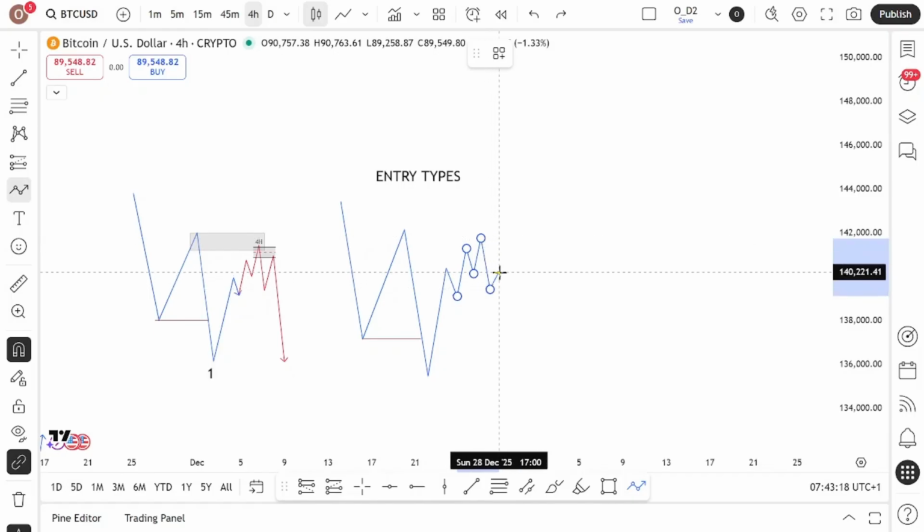Price maybe fails to get you tagged, you have another shift, then price pushes back up. So let's assume this is the 15 minutes. Price pushes, induces, then it shifts.